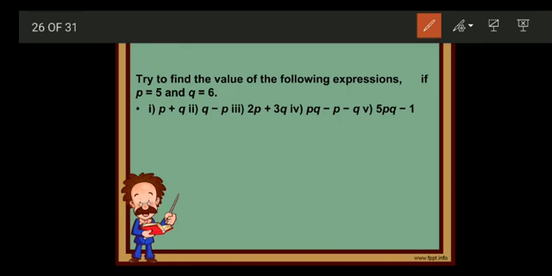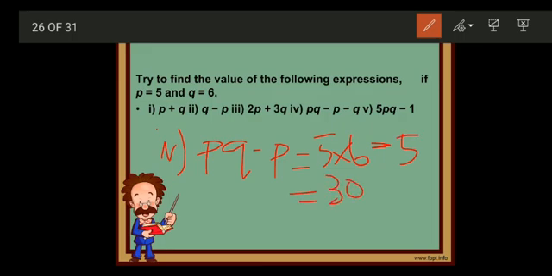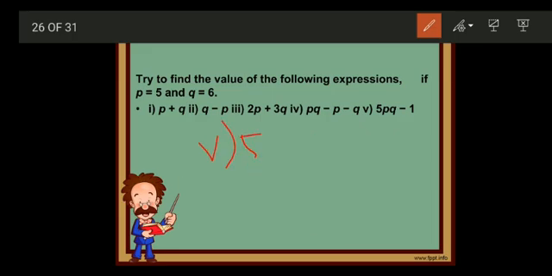Now the fourth one, pq minus p. Substitute the values of p and q here. p is 5 and q is 6, minus p is 5. 5 6s are 30, minus 5 is 25. So the fifth one, 5pq minus 1.